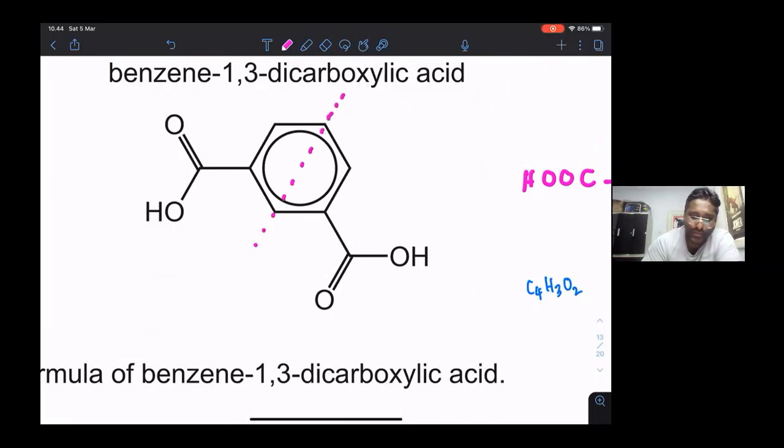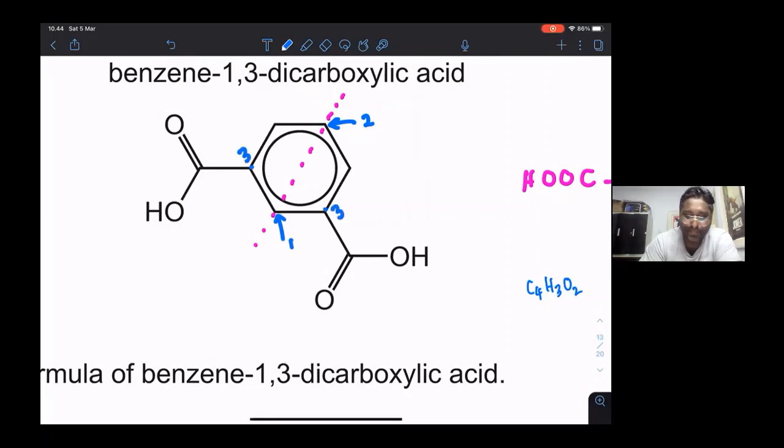You can see that this is going to be 1 environment. This is obviously another environment, number 2. This and this are the same environment, symmetrical, with the same COOH and so on, so that is environment number 3.